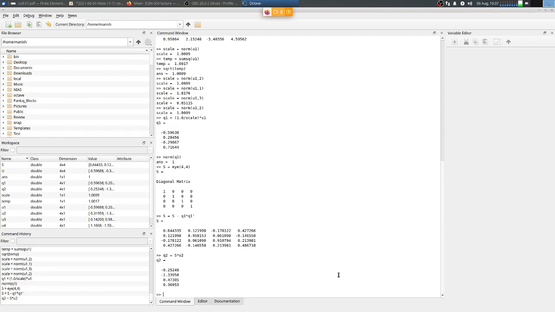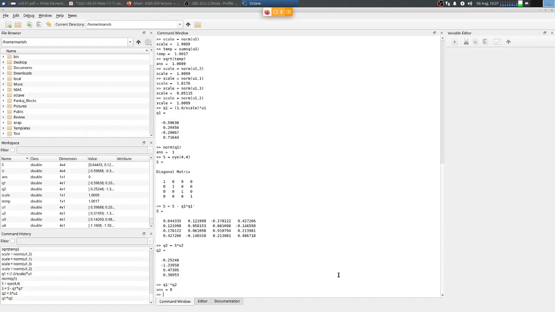Let us see if this satisfies our original plan, whether this new vector is orthogonal with q1. So I just take the dot product between q1 and q2, and the result is 0. Don't be misled by this result of absolute 0.